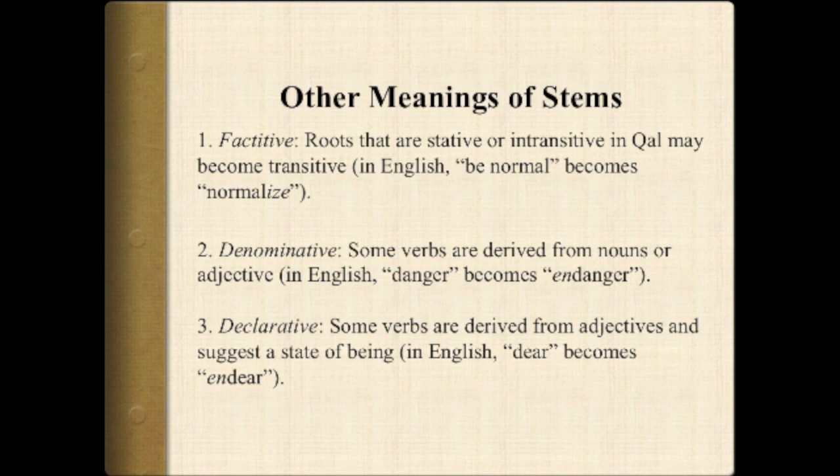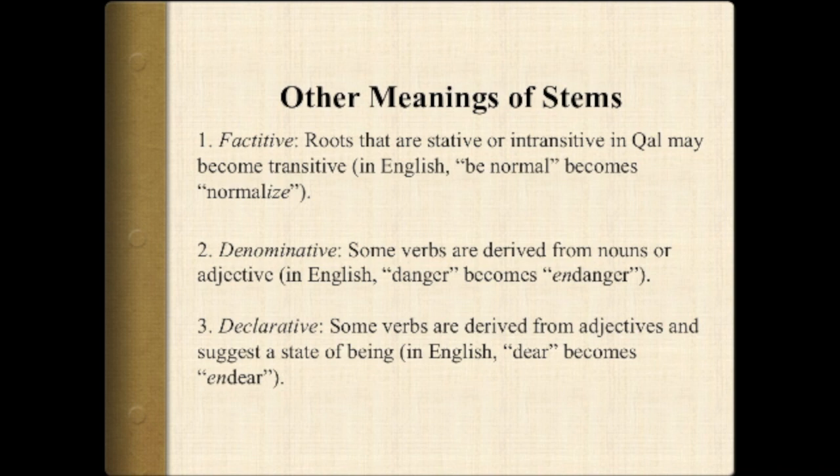Use of a different stem is sometimes to take a noun or an adjective and make it into a verb. So in English, we have the noun danger, and this can become endanger.